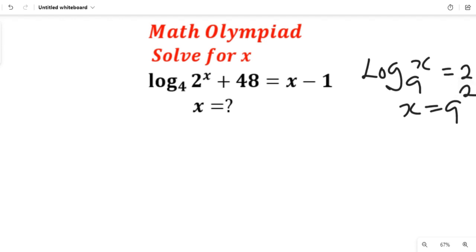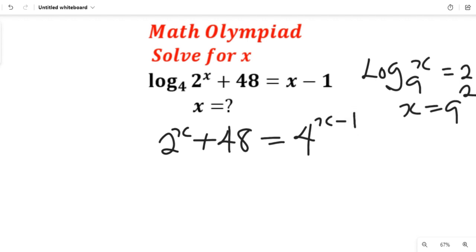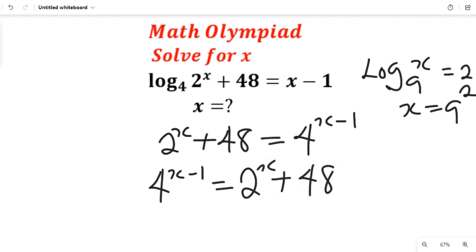That will give us 2^x plus 48 equal to 4 to the power of x minus 1. So 4 to the power of x minus 1 will be equal to 2^x plus 48.